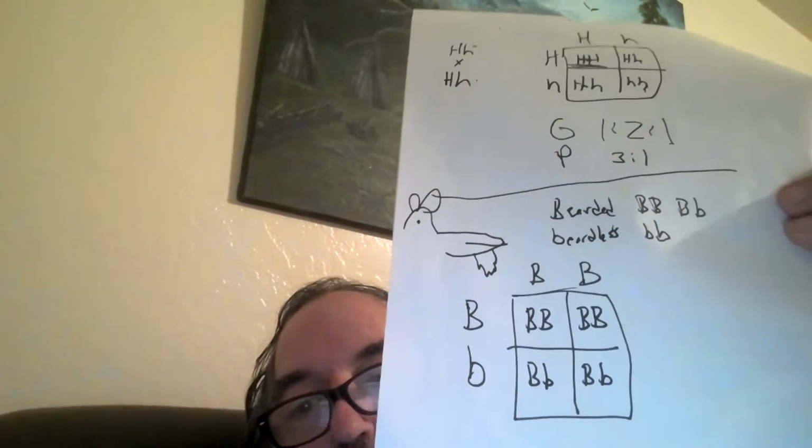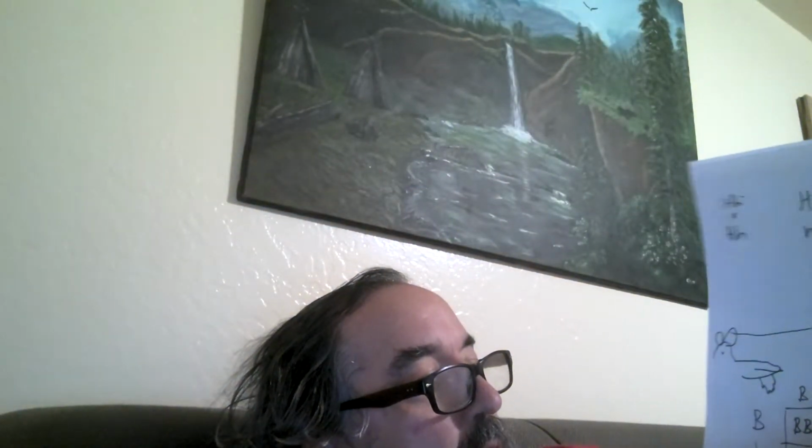So genotype, we have 2 homozygous dominant, 2 heterozygous, a 2-to-2 ratio. Phenotype, all 4 of these possible goats, they all have beards. So all bearded.